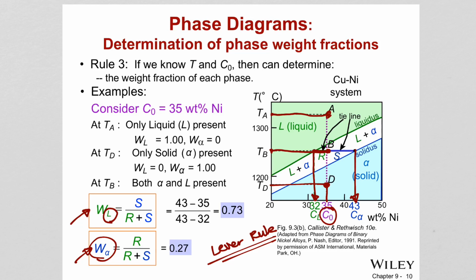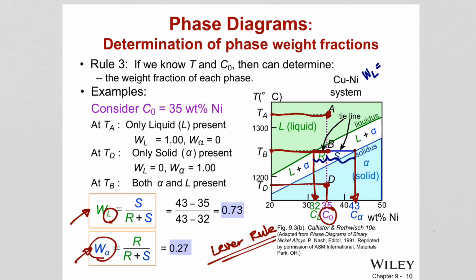In this equation, it is given to us as S over R plus S. Those represent these lengths or ranges, labeled as letters in the phase diagram. So this is R, this is S. I don't like this equation written this way. What I can tell you is we can use this equation because it is the same, right?